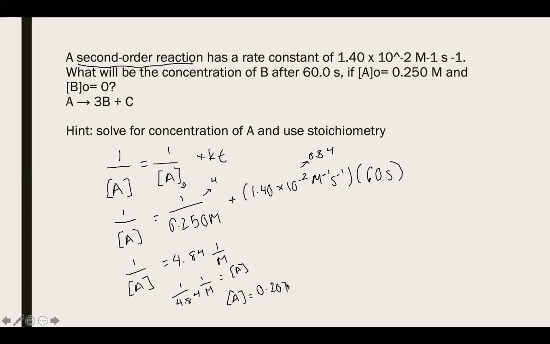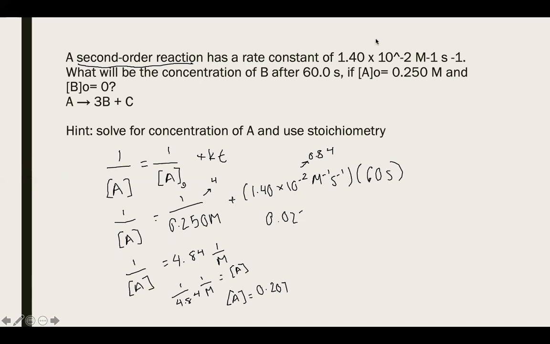But what you really need to know is your change in A, because you're trying to solve for your change in B if your initial concentration of B is 0. And because A is a reactant, it's going to decrease over time. So our initial concentration was 0.250.